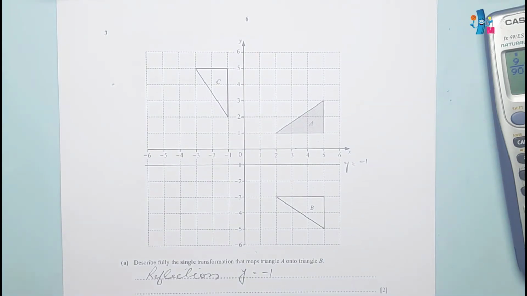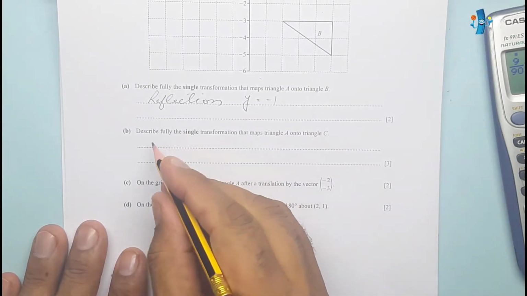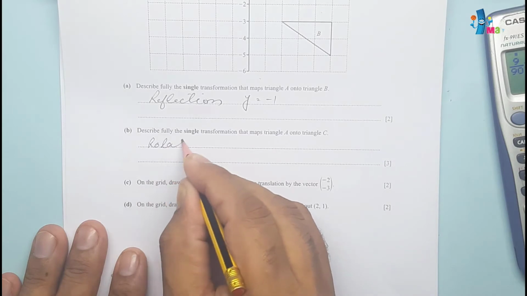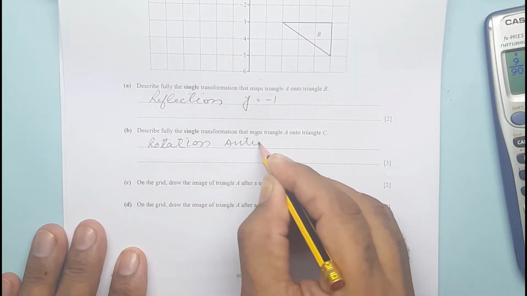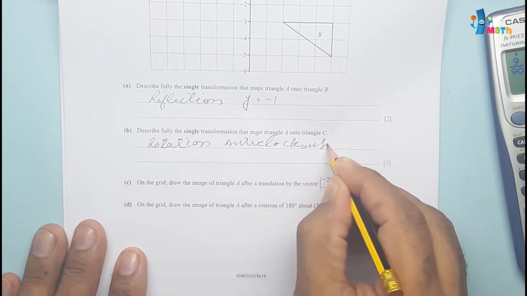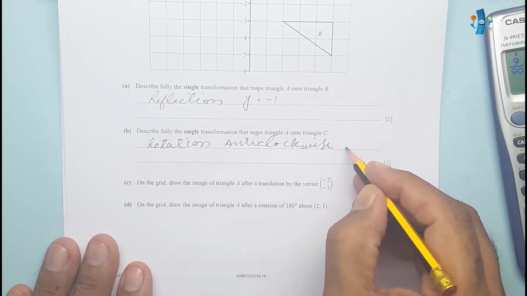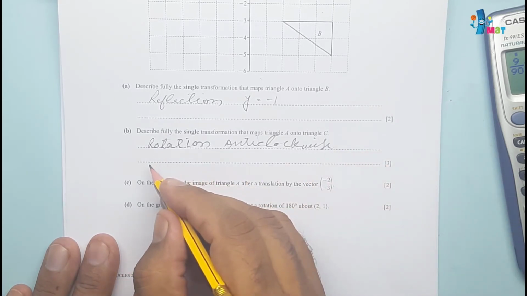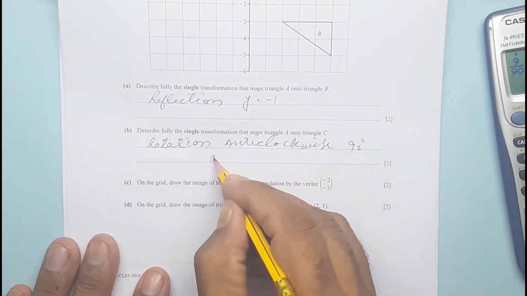So we can write here at the proper place, rotation anti-clockwise 90 degrees about the origin.